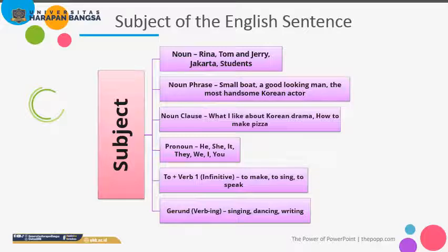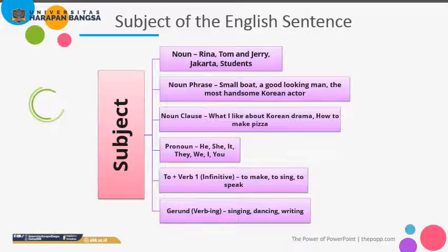To make pizza is easy. To make pizza is the subject, while is the verb. To sing Korean songs is difficult. To sing Korean songs is the subject, while is the verb.